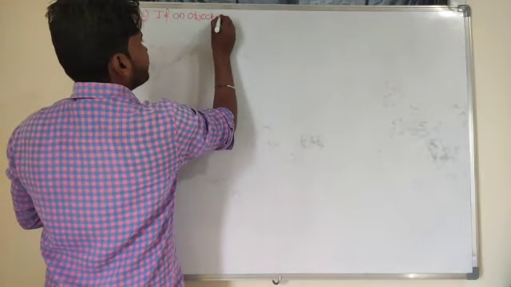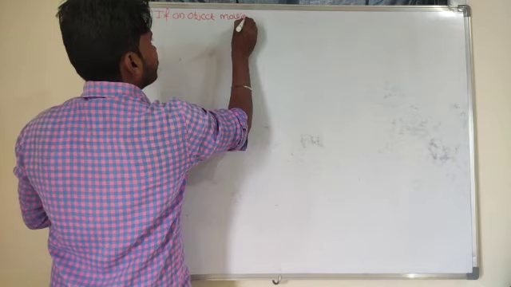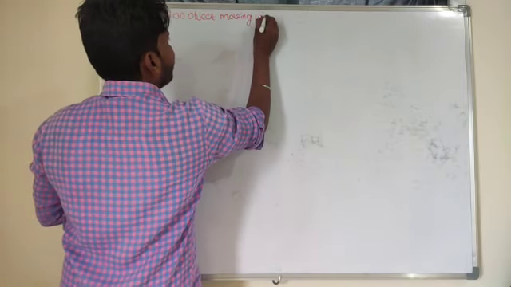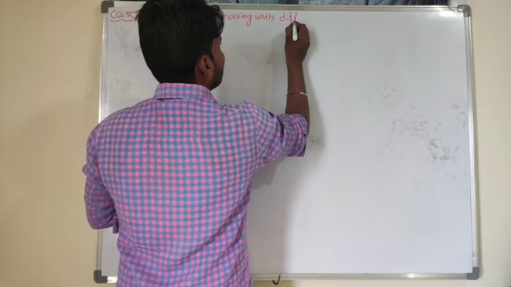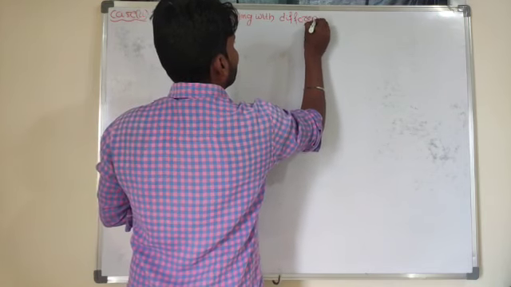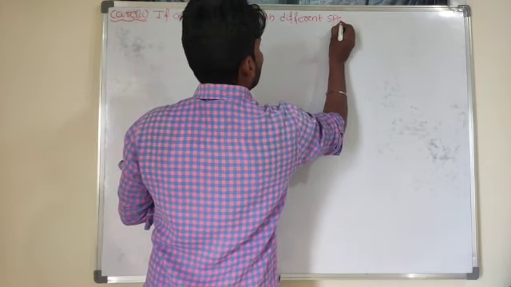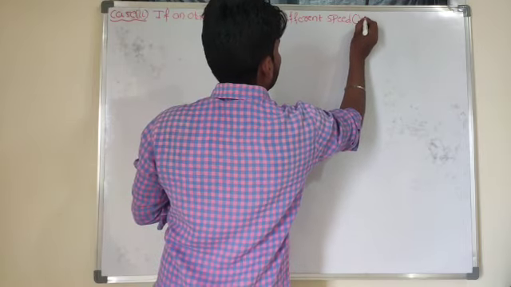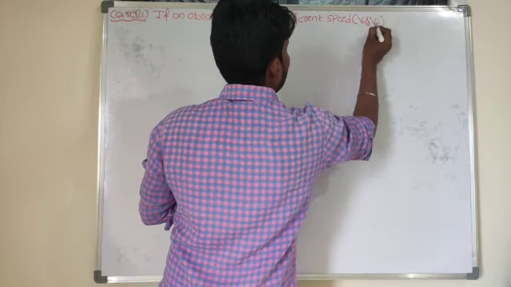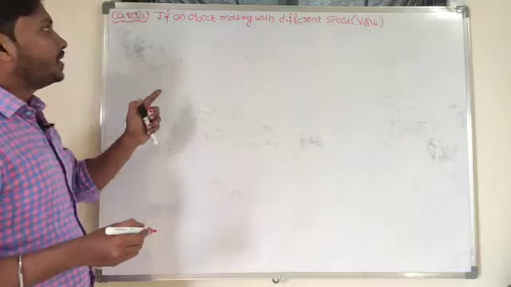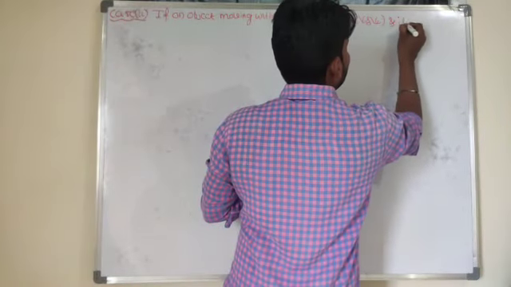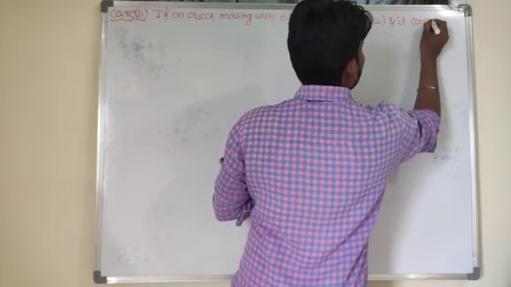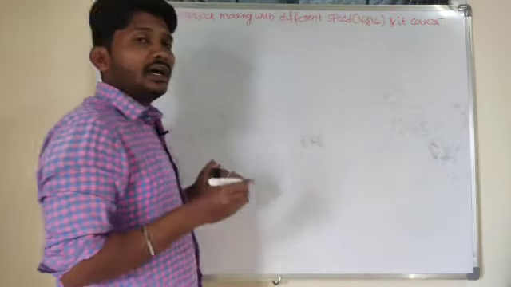moving with different speed, that different speed will be v1 and v2. If an object is moving with different speed and it covers unequal distance.